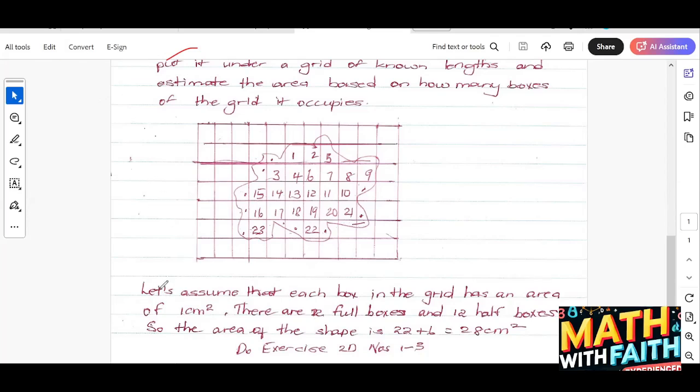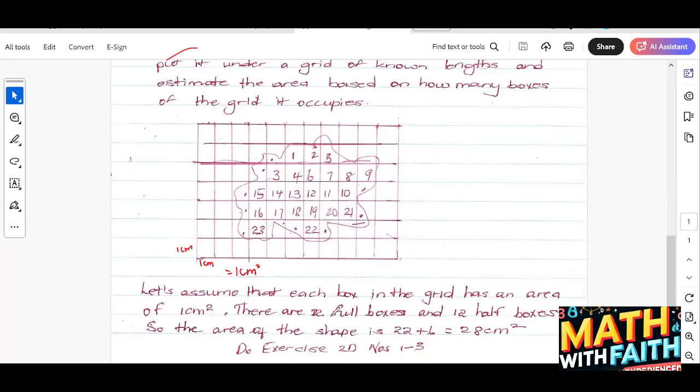So let's assume that each box in this particular grid has an area of 1 centimeter squared, meaning each side has length 1 centimeter. So the area of one box will be 1 centimeter by 1 centimeter, 1 centimeter squared.